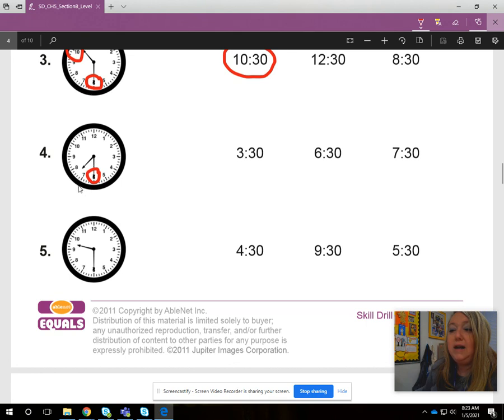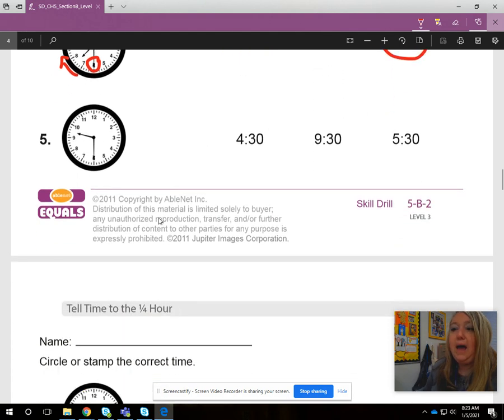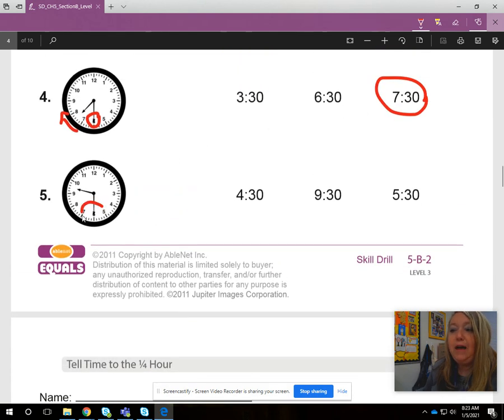The short hand is in between the 7 and the 8, and it's moving this way, so we know that it's 7:30 on this one. And last, number 5, we have 30 minutes, and the short hand is in between the 9 and the 10, so it's 9:30. Very good.